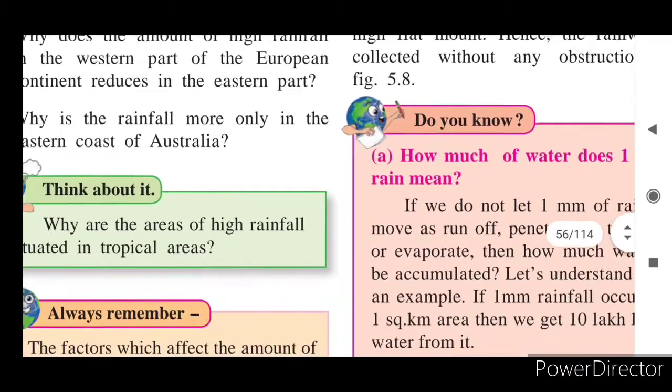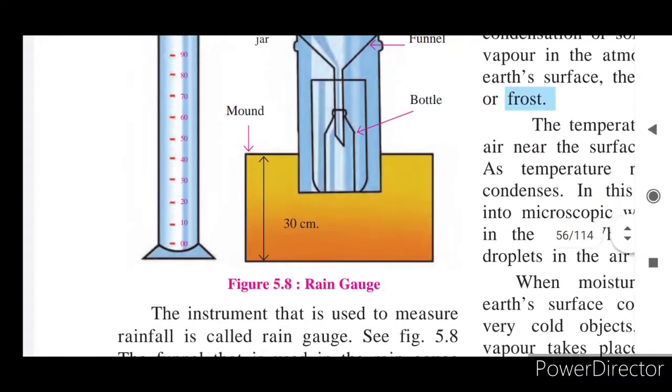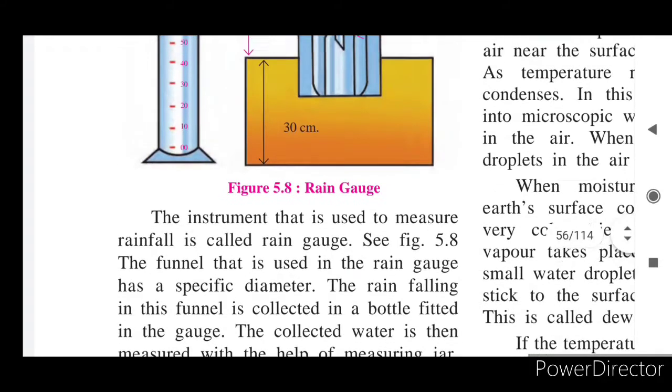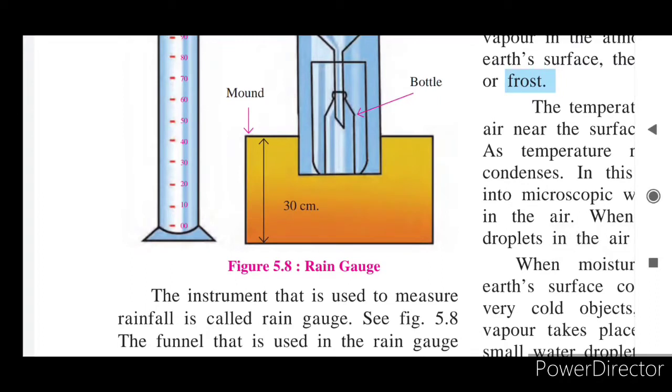See figure 5.8. Here they are saying that in heavy rainfall areas, the measuring jar is checked after every 3 hours because the bottle will fill.